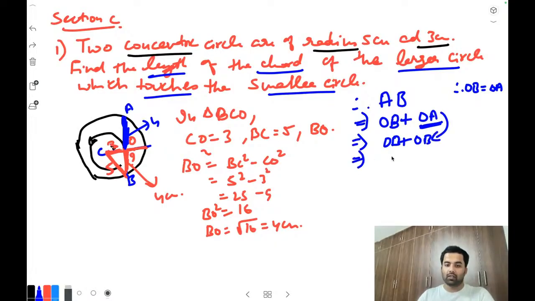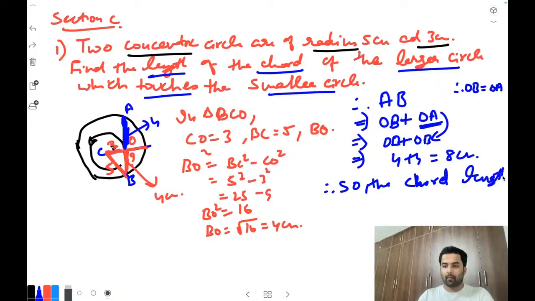And the OB value we have is 4. 4 plus 4 becomes 8 centimeter. So therefore, the chord length is 8 centimeter. I hope this is clear now what we did.